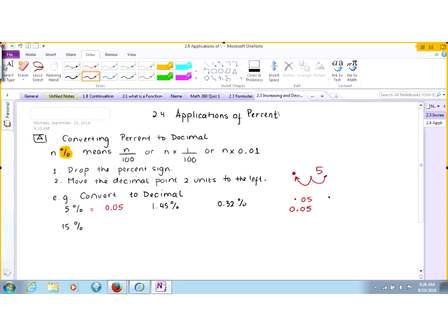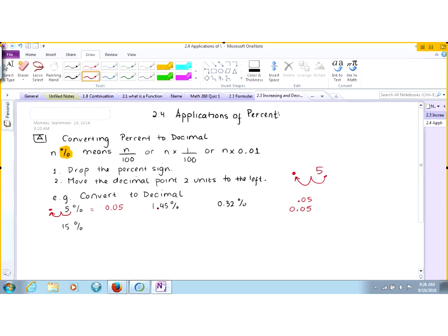These two are the same. So we just move 2 decimals to the left.